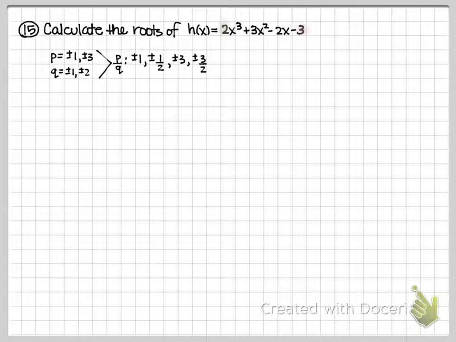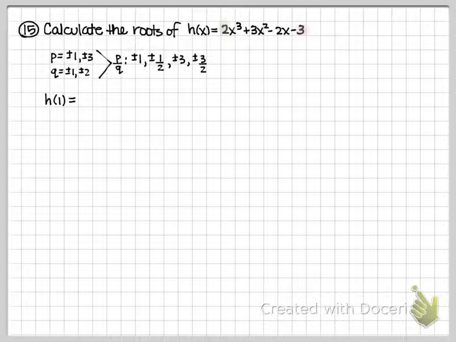Now my recommendation to you is we're going to go through and use the factor and the remainder theorem here to figure out which ones actually work. So I would take this opportunity now to figure out what h of 1 is. Everywhere that I see an x, I'm going to plug a 1 in, and I'm going to see if hopefully that gives me a 0. If it gives me a 0, then 1 is going to be a root.